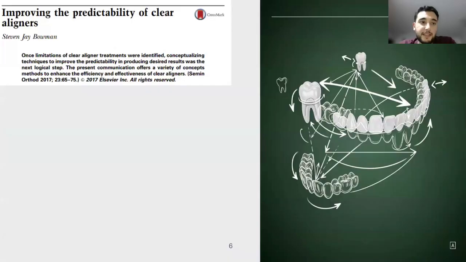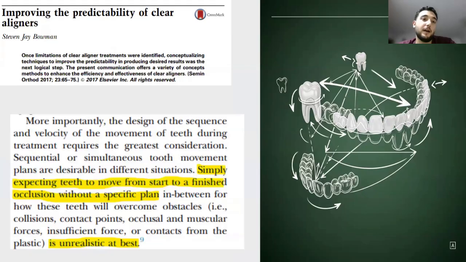So for treatment planning, or the importance of staging or reviewing the treatment plan, we have loads of literature covering this, and we don't need any more evidence over that. For example, here we have a published article by Stephen J. Bowman, and you can find it in many articles, that simply expecting teeth to move from start to finish according to the 3D simulation is not enough.